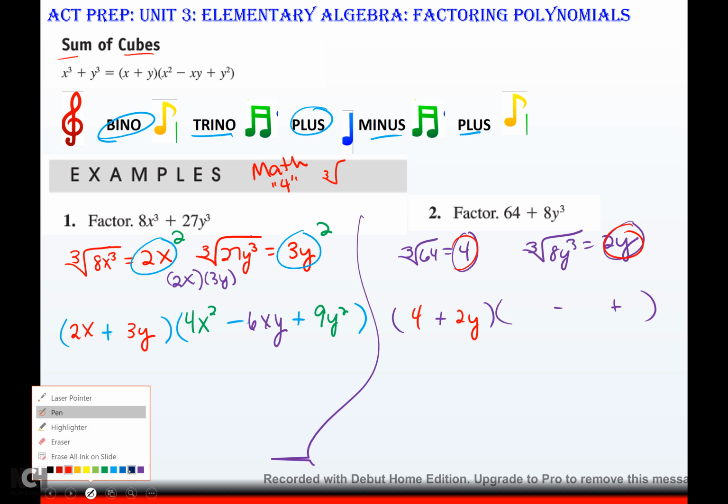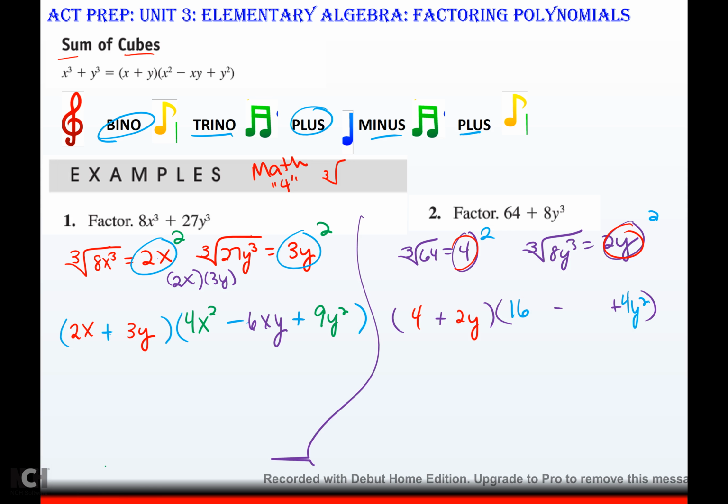Square them to get the first and the last terms of the trinomial. 4 squared is 16. 2y squared is 4y squared. And we multiply the 4 times the 2y, which is 8y, to go in the middle. And we're done.